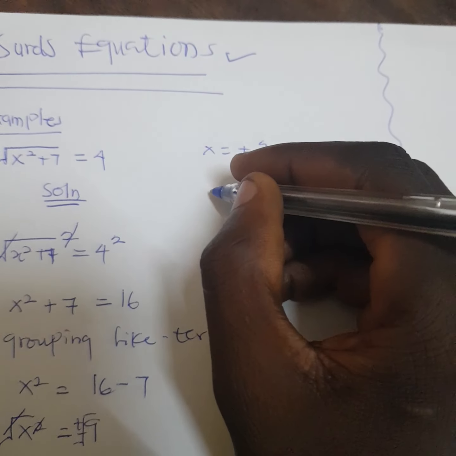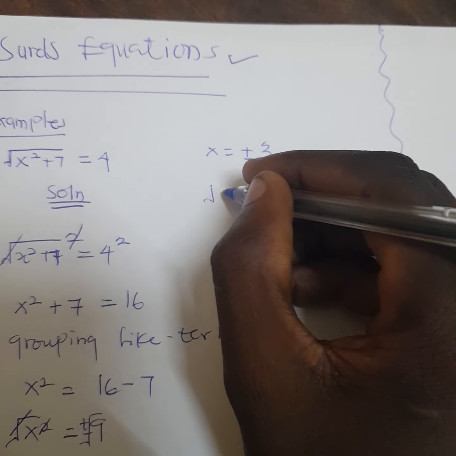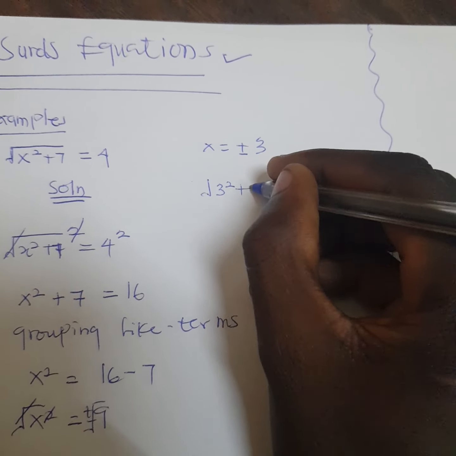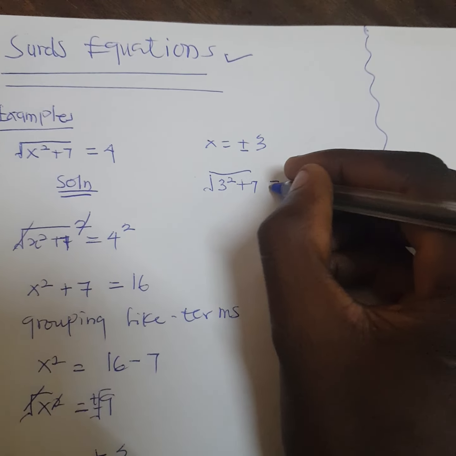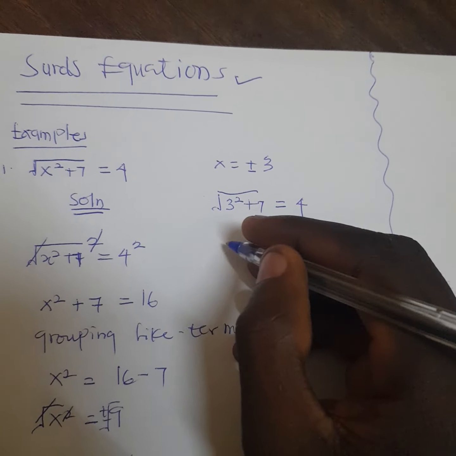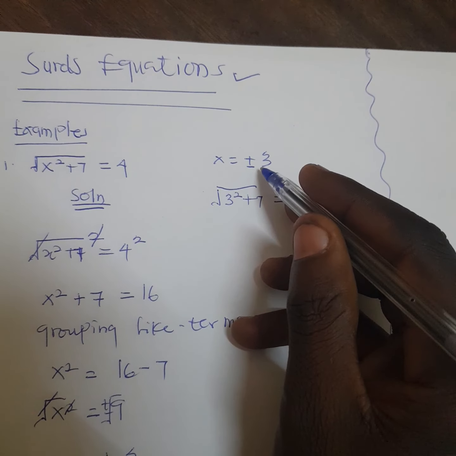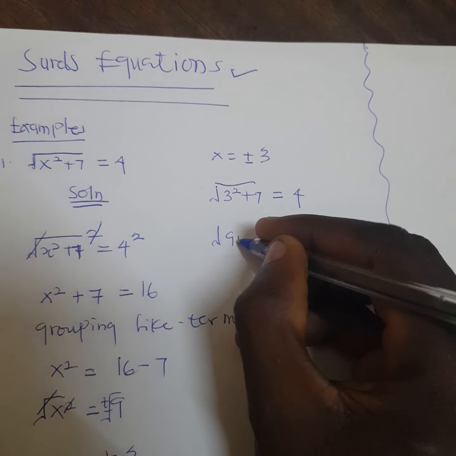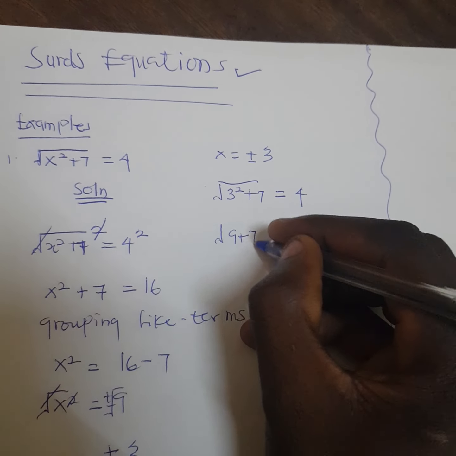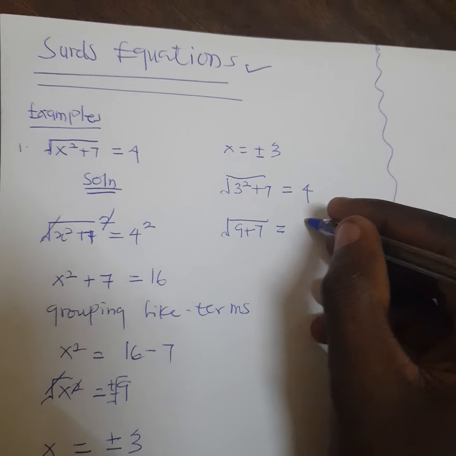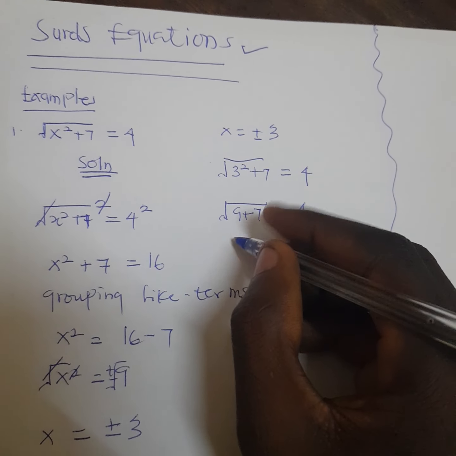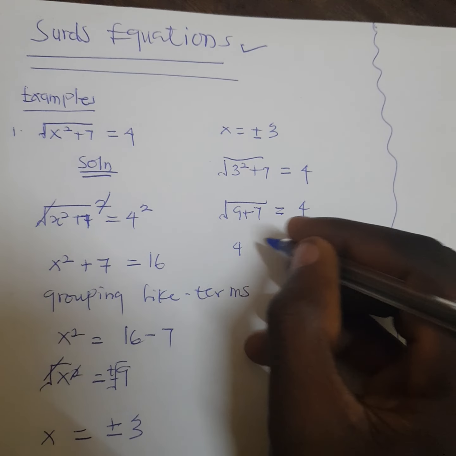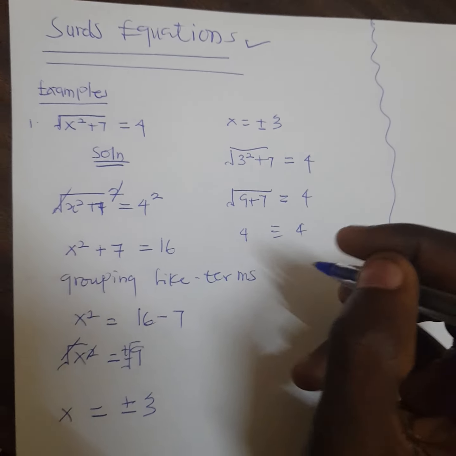In the first case we have root of 3 squared plus 7, because we have taken the positive 3, which will give us root of 9 plus 7, which is root of 16, which gives us 4, which is equal to 4, and this is correct.